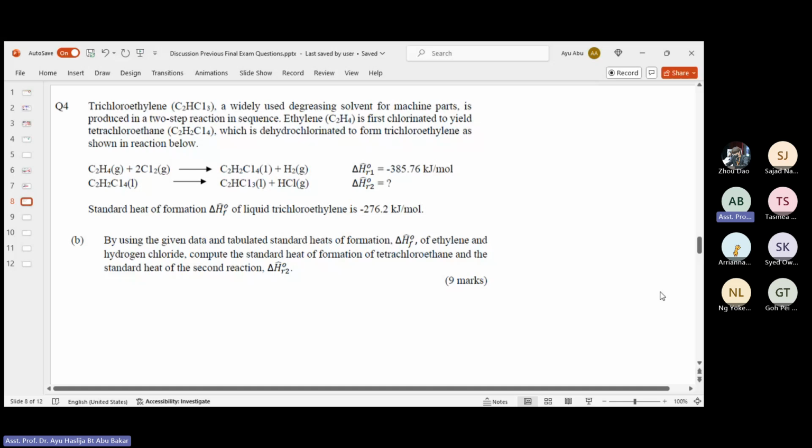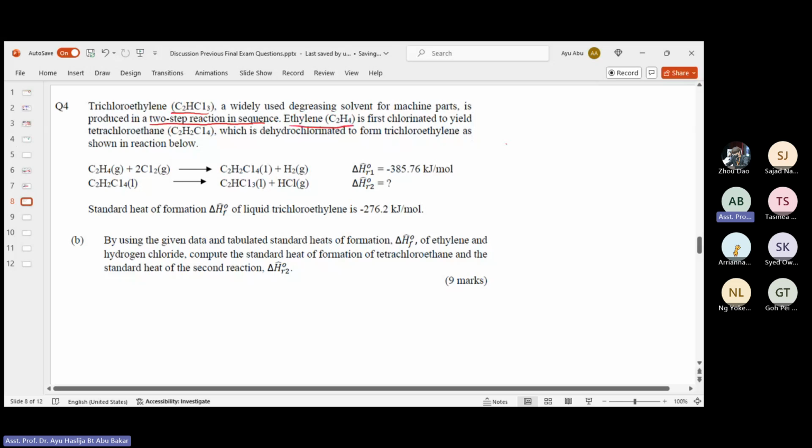Now this question is related to the chapter on reactive processes. It mentions that trichloroethylene, a widely used degreasing solvent for machine parts, is produced in a two-step reaction in sequence.